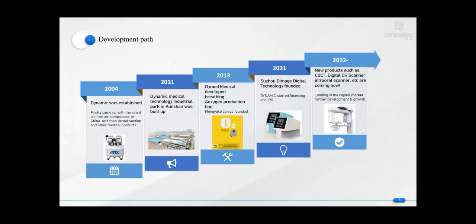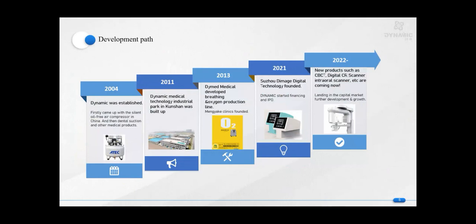And last year, in 2021, Dynamic started financing an IPO, and our new branch, Suzhou D-Image Digital Technology Company Limited, was founded. Since then, Dynamic started entering the capital market for further development and growth.